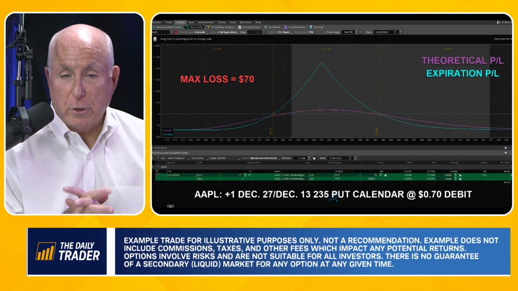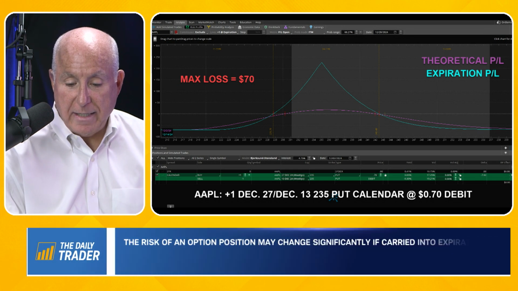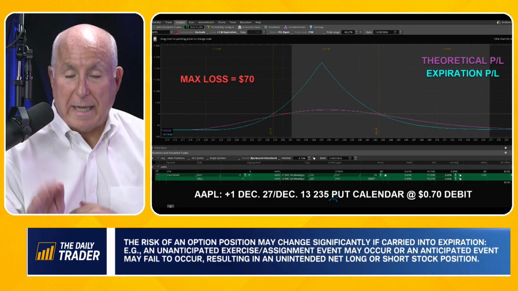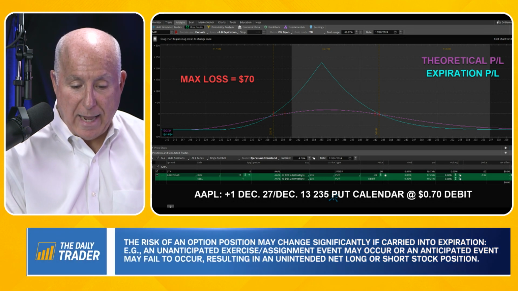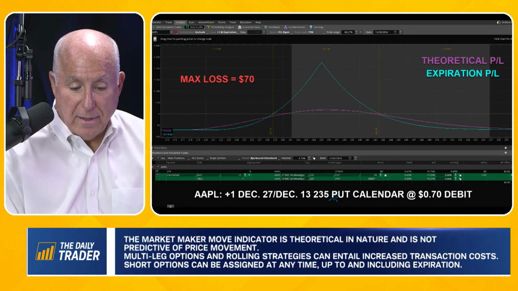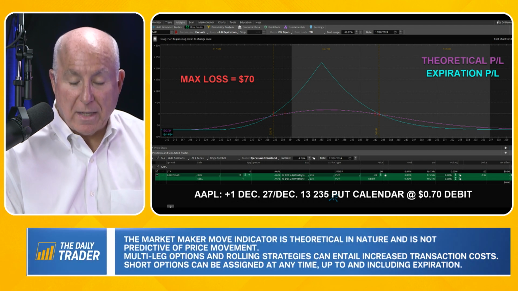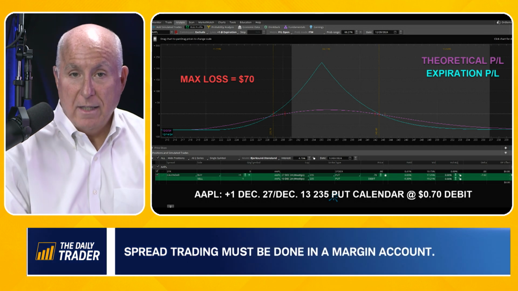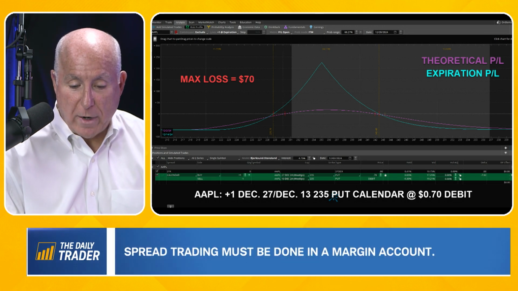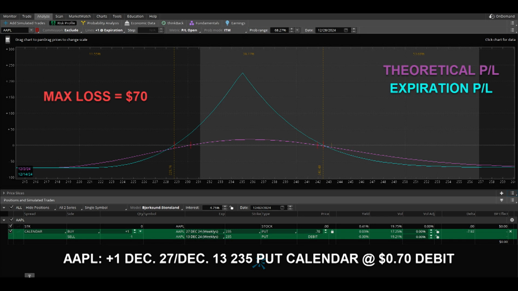Remember, the difference between the calendar spread and the diagonal is the same strike on the calendar spread. So a put calendar in Apple, buying the 235, selling the 235 on the December 27th and the December 13th strikes, buying the further out, selling the closer. Now that's trading, we put it in there for about 70 cents. It's currently trading about 70 cents. So that's where it's trading.